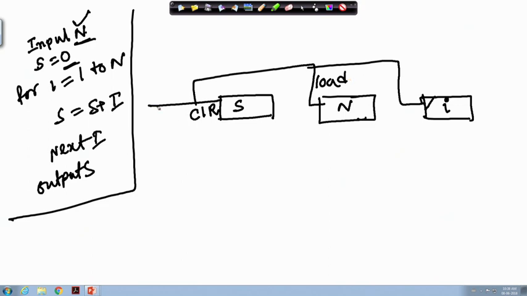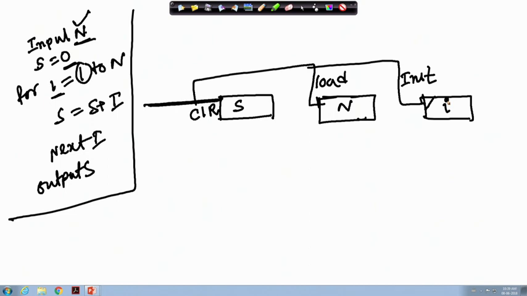That means initially I need to load the value of n into this register. For I, whenever this is started, it has to start with 1. So, this will be initialize the counter with the value of 1.